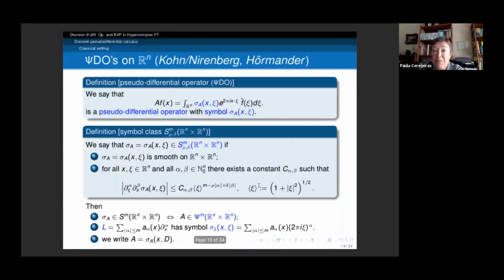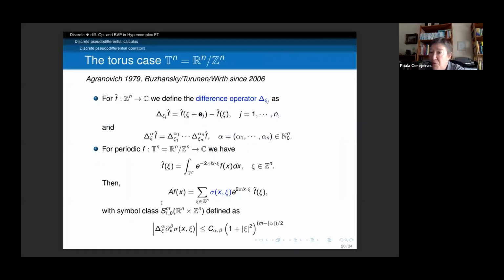So now let me jump, and I'm going to jump relatively fast, to where the pseudo-differential operator theory applies here. This is the standard, so I pass over. What interests me is that cases of difference operators applied to the torus were already studied.